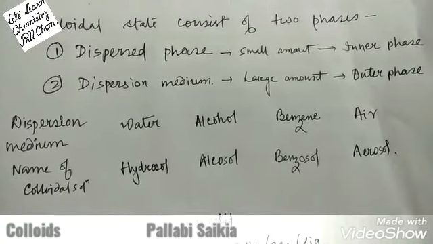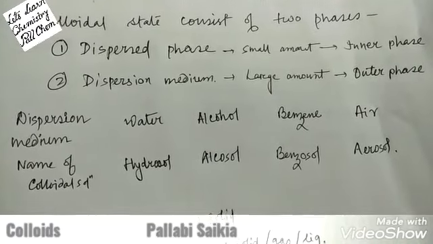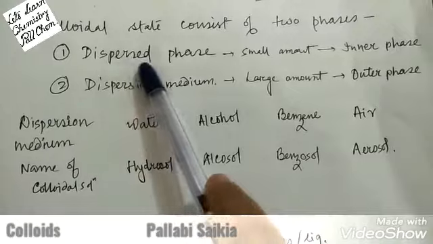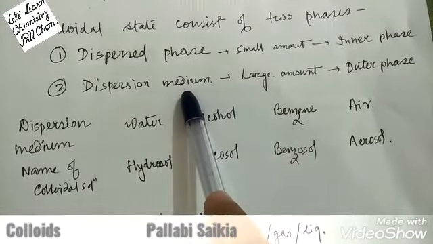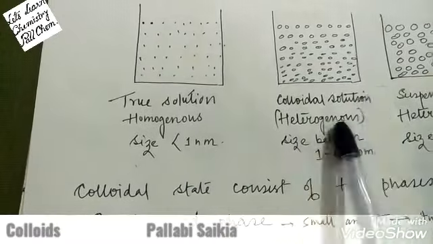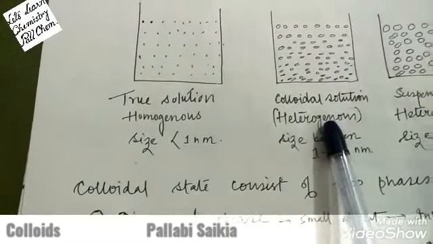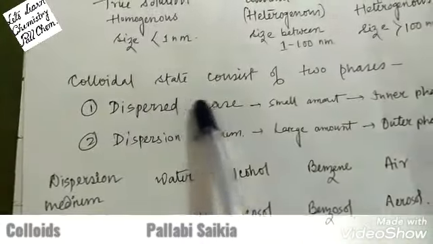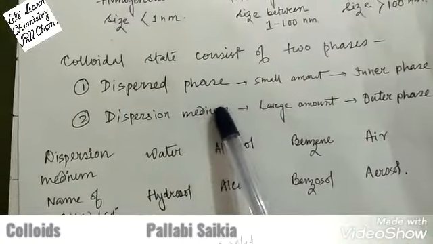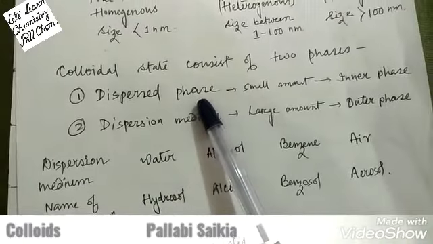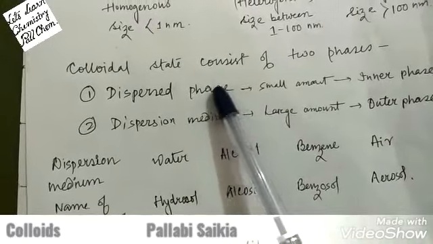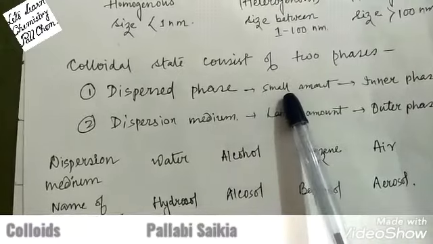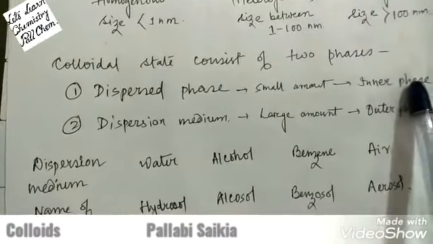Now, colloidal state consists of 2 phases. One is disperse phase and one is dispersion medium. As we already discussed, colloidal solution is a heterogeneous mixture. It consists of 2 phases: one is disperse phase and one is dispersion medium. Disperse phase is that phase where the particles are in small amount, and it is also known as inner phase.